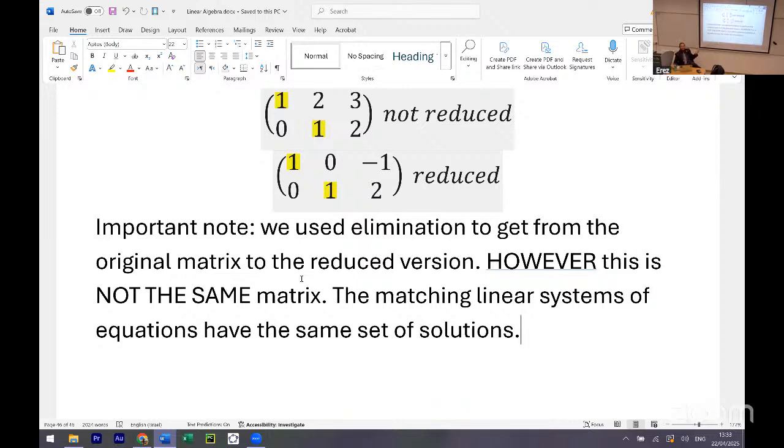If we do the elimination process, we get an entirely different matrix with entirely different answers to the question, right? So you must, and I'll finish with that, say it's not the same matrix, it's not the same system, but the solutions are the same.